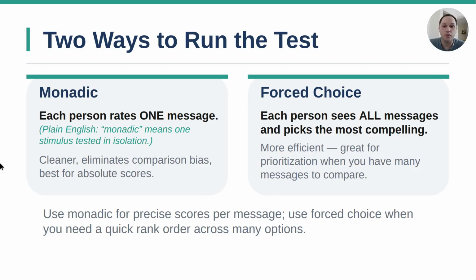In a forced choice design, each person sees all 5 messages and picks the most compelling. This is more efficient when you have many messages to compare and primarily want a rank order. Use monadic when you need precise scores per message. Use forced choice when your main question is, of these options, which one wins, and you want to get there quickly.